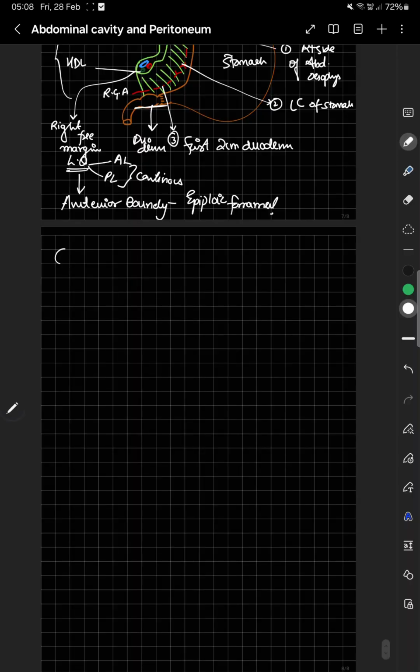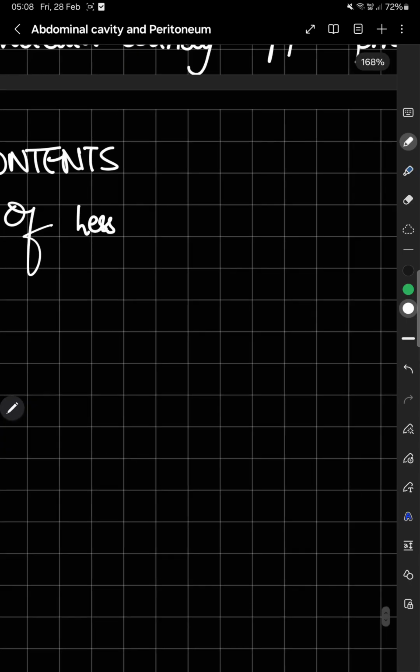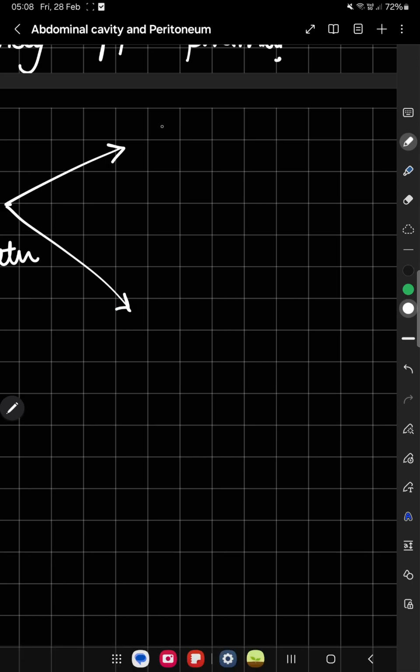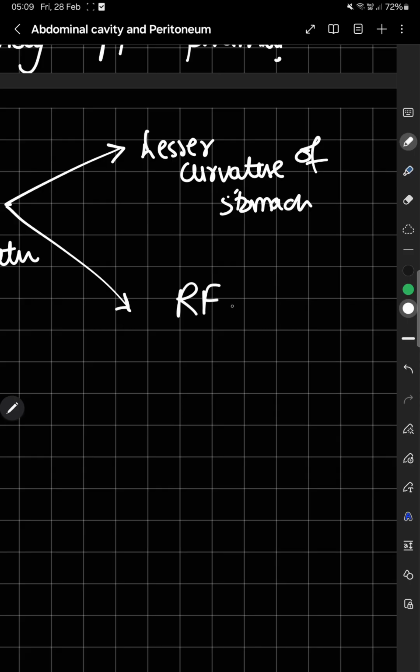Now we'll come to the contents of the lesser omentum. This can be divided into 2 aspects. One is near the lesser curvature of stomach, and the second is near the right free margin of lesser omentum.